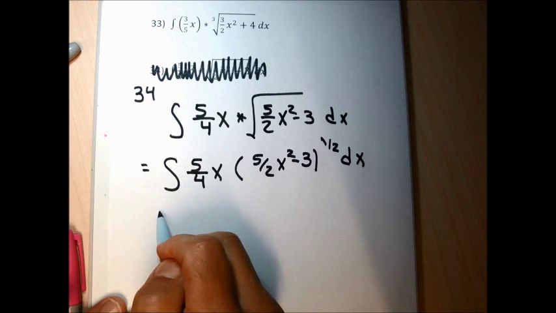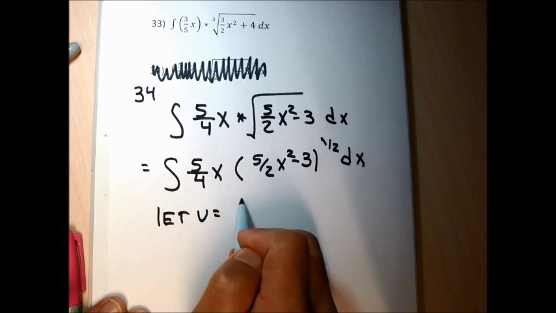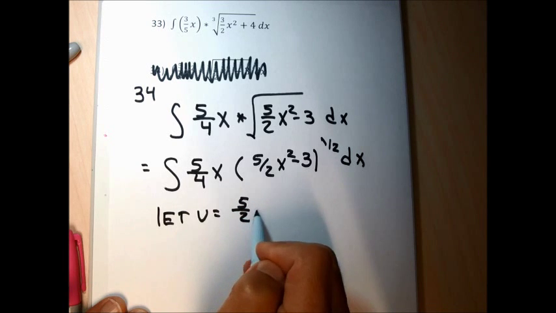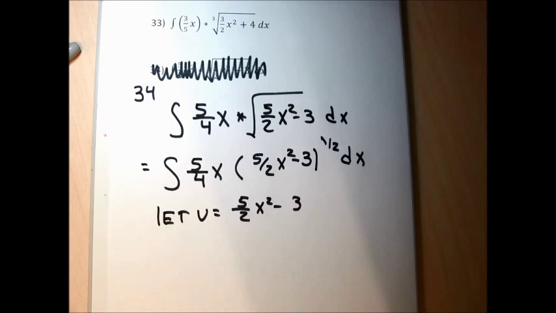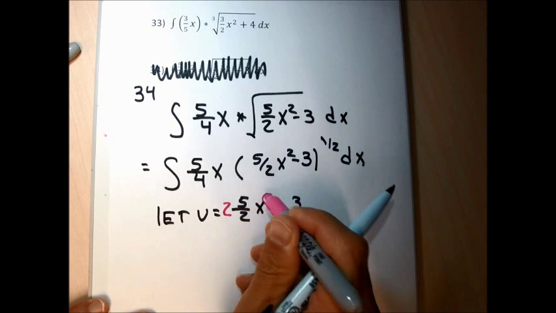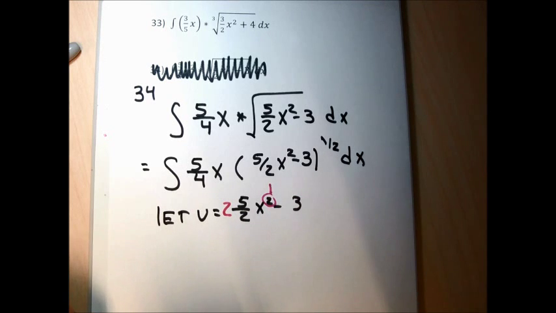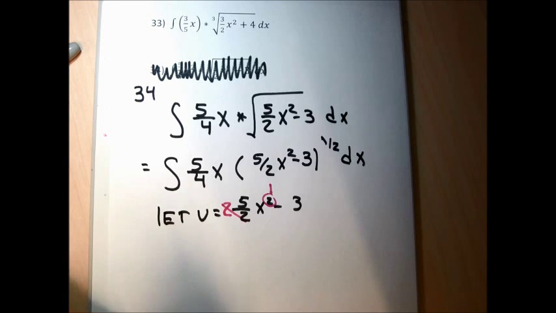I let u be the inside of that parenthesis, so I'm going to let u equal 5/2 x squared minus 3. I'm going to take the derivative of this, and when I do, I bring the 2 out front and multiply it by the 5/2. I lower the exponent by 1. 2 times 5/2 cancels out the 2.